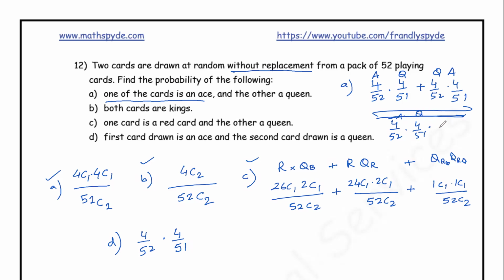Remember the order of letter arrangements: AQ are 2 letters, so into 2 factorial. Had it been three letters, A, Q, and king, for example, it would have been into 3 factorial. But out here, that 2 factorial does not come into the picture because we don't have queen and ace combinations, just ace and queen. So that's your answer.